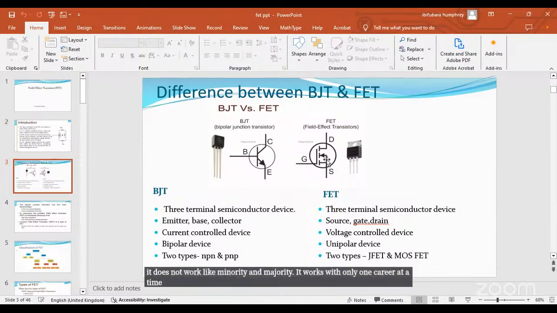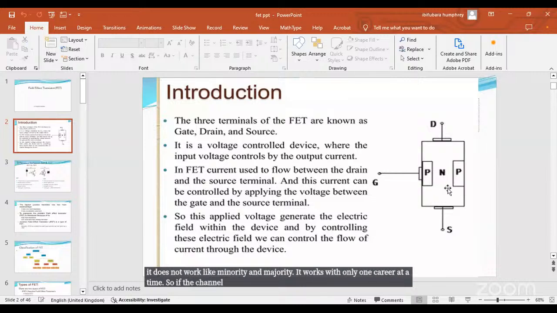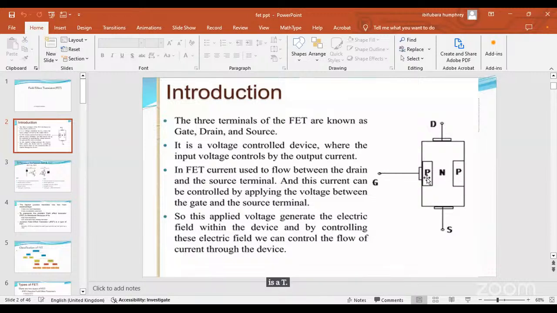So if the channel is a P and the ends are N, that is, by the side we have N, and at the center we have a P, then it means that it is hole that is conducting, that is the charge carrier.